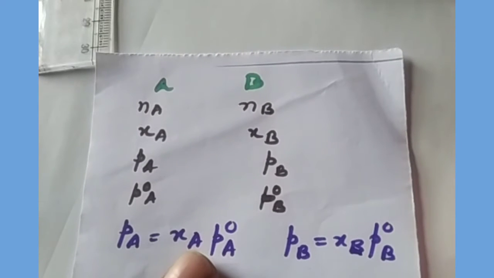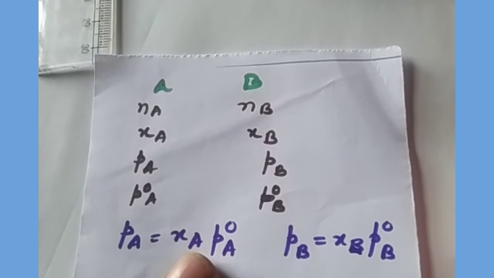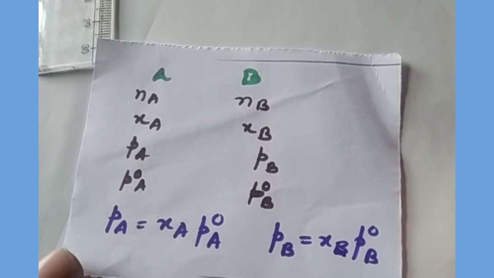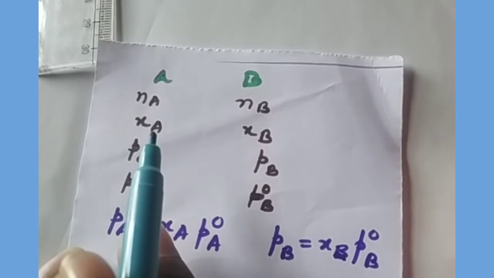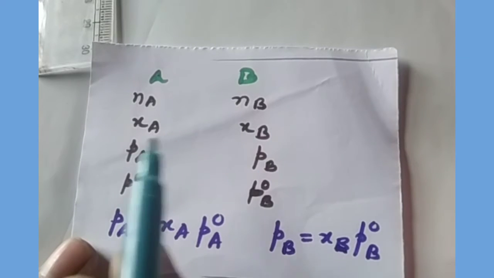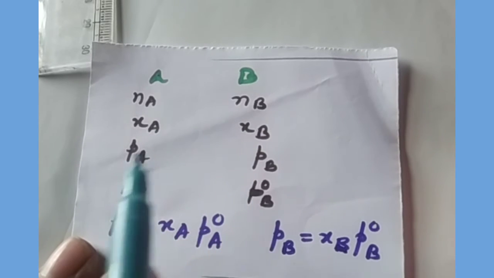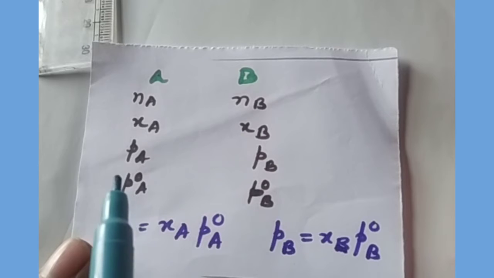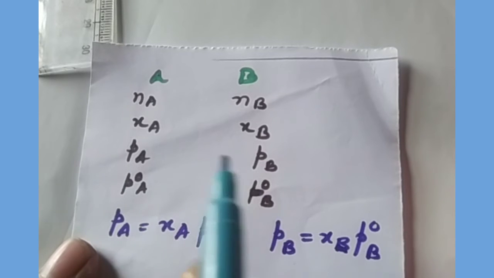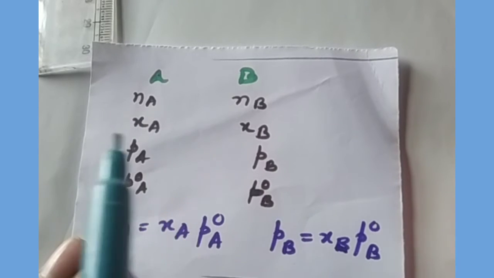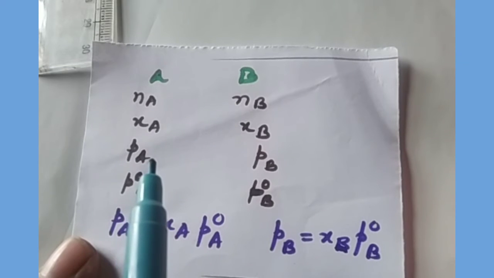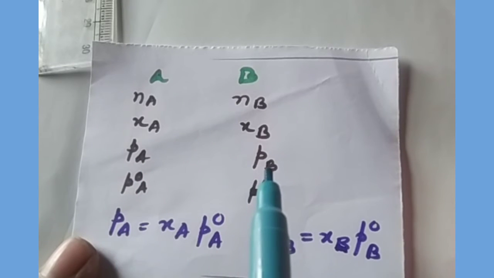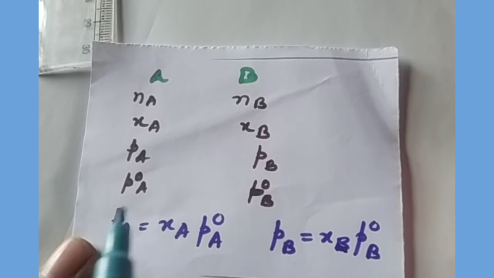Suppose A and B are two miscible liquids, and Na and Nb are the number of moles of A and B, and Xa and Xb are the mole fractions of A and B. If you make a solution by mixing A and B, then the partial pressure of A is Pa and the partial pressure of B is Pb.